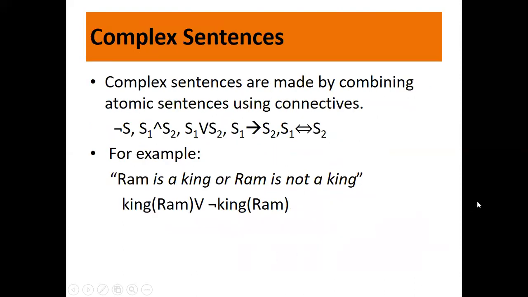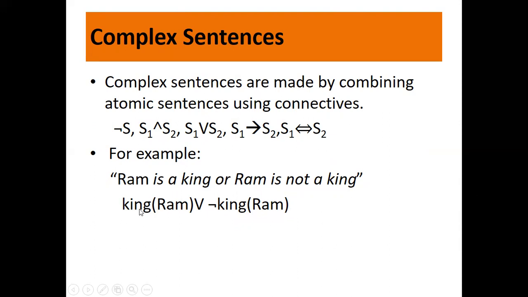Similarly, like atomic sentences, we have complex sentences. Now, complex sentences are made by combining atomic sentences using connectives. The same connectives that we had in our propositional logic: negation, conjunction, disjunction, implies, and biconditional. So again, a simple example here, Ram is a king or Ram is not a king. Now to represent it or write it as a predicate logic statement, what is it? Ram is a king, right?